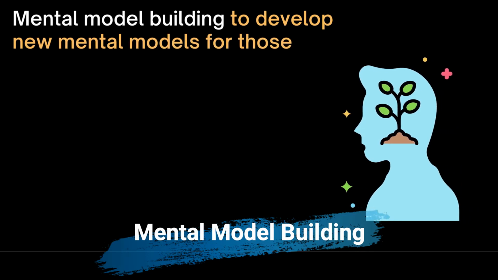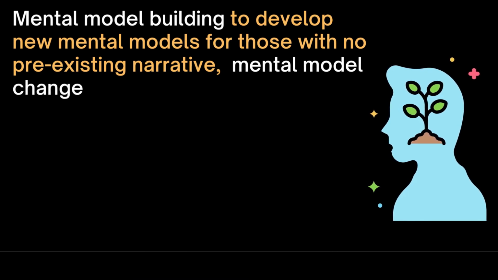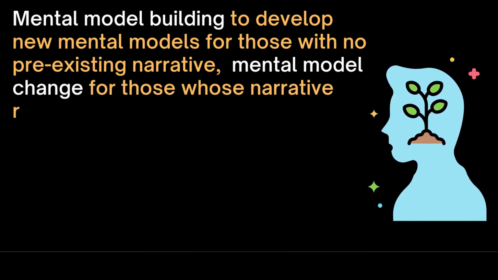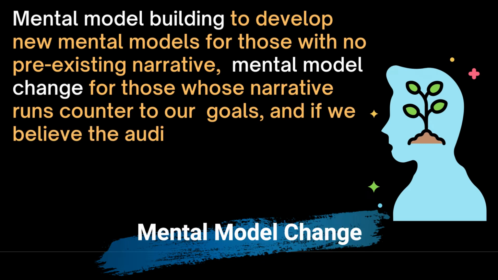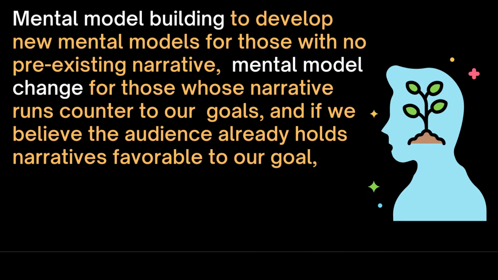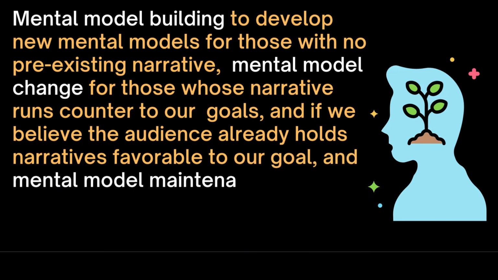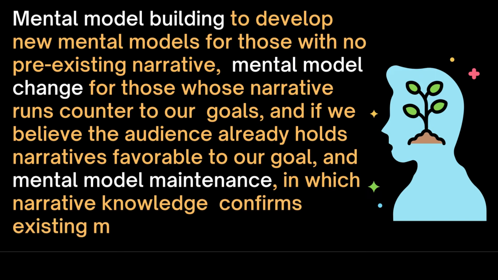Mental model building is one to develop new mental models for those with no pre-existing narrative. Mental model change for those whose narrative runs counter to our goals. And if we believe the audience already holds narratives favorable to our goal, we go for mental model maintenance, in which narrative knowledge confirms existing mental models.